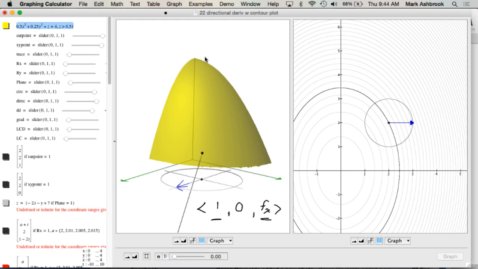Because what do we know? In the x direction, dz equals the partial of x, say at our point, times dx. Given any change in x, the change in z is the partial derivative times the change in x. So make your change in x as easy as possible. Make it 1. And then what's your change in z? 1 times the partial with respect to x, which is the partial with respect to x. So there's your change in z.